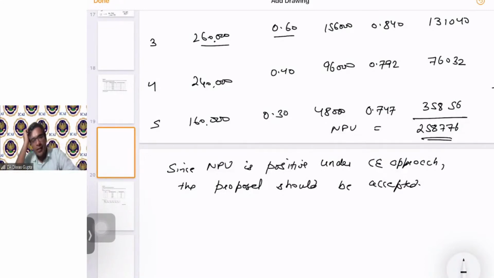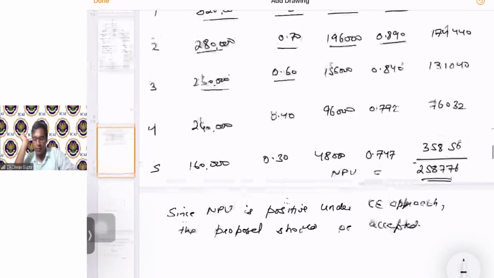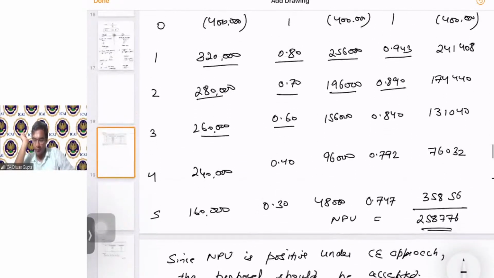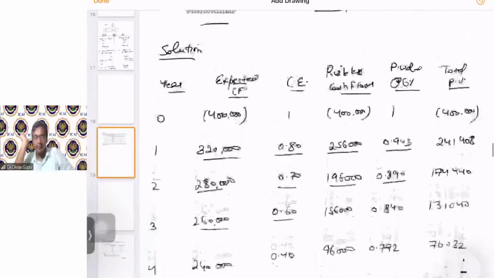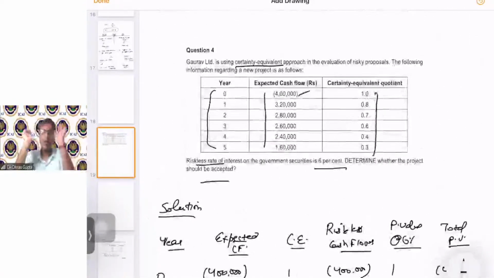Yes, Rajiv Kumar, it should be the risk-free discount rate. Shubham also mentioned risk-free. Perfect. We should use the risk-free discount rate under the certainty equivalent approach. Clear? Very easy, very simple. No complexities. Just think from pure logic building and then the things are really simple.